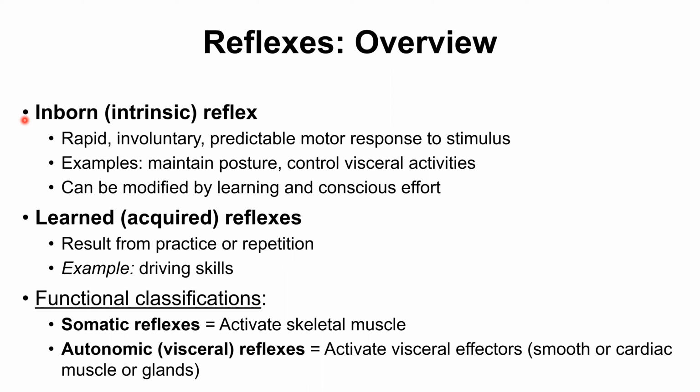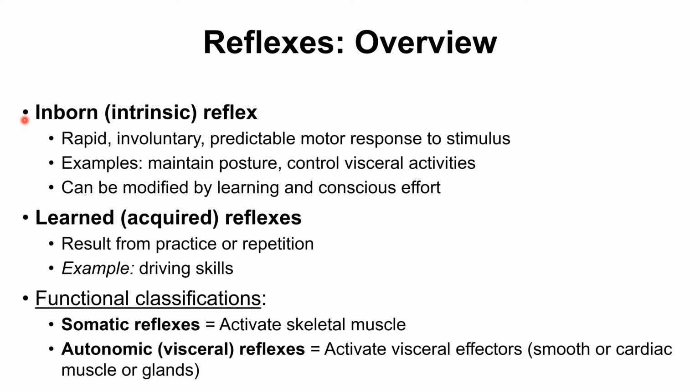These are things that automatically happen without us even trying. But these particular reflexes can be modified through learning and through conscious effort. So even though they're inborn, they're intrinsic, they can actually be modified over time through learning.